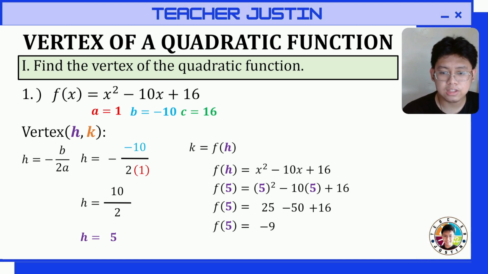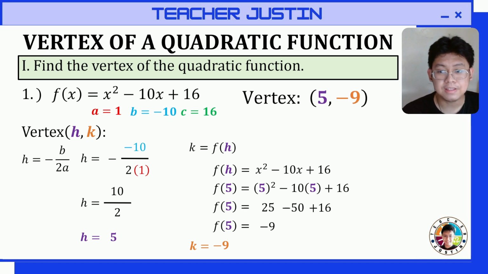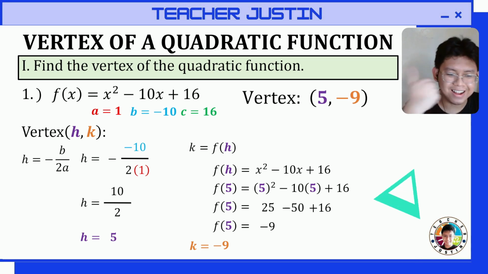And nakuha na natin yung value of f of 5, which is negative 9. That will also be the value of our y-coordinate. So, the value of k will be equal to negative 9. So, yung vertex natin, pagsamahin natin sila. So, the vertex of this quadratic function is (5, negative 9). And that's it.